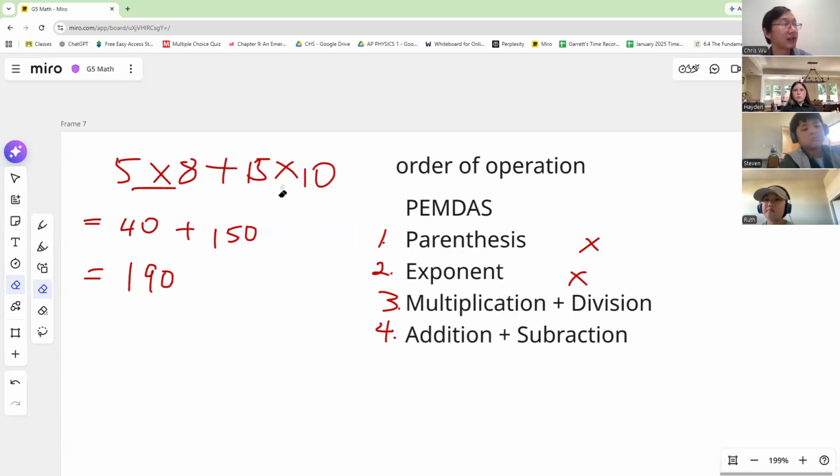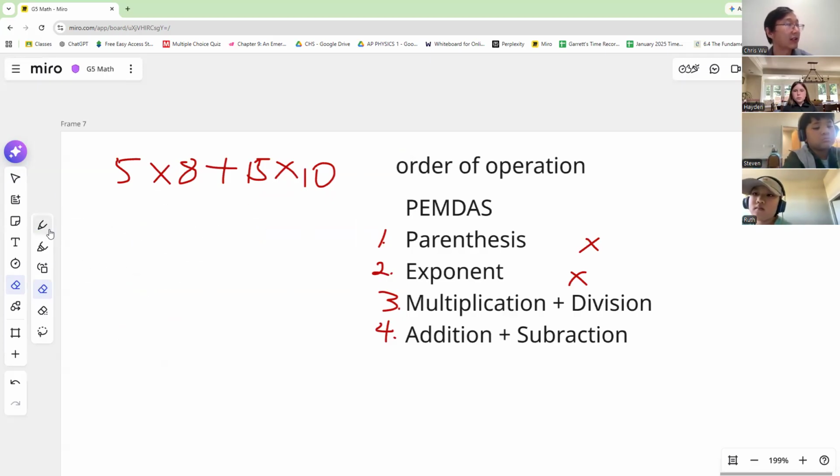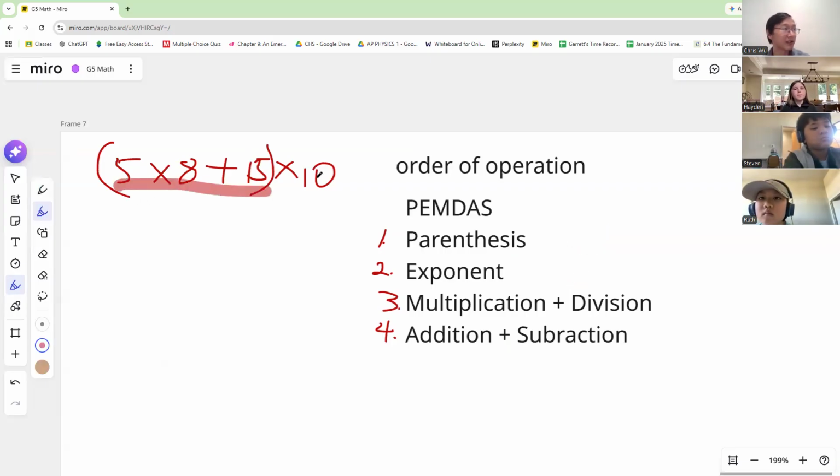So the operation that I did earlier is actually more like this. If I put a parentheses on this, then I go, oh, okay, if I have parentheses, then I'm going to first look at what's happening in the parentheses and ignore everything outside, right? So if I do it in the parentheses, no exponents, I have a multiplication first.